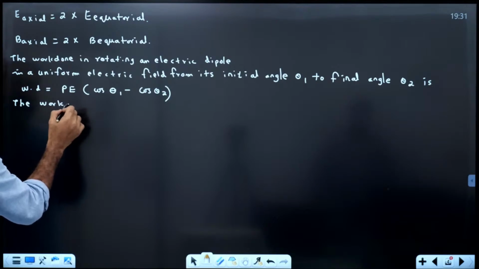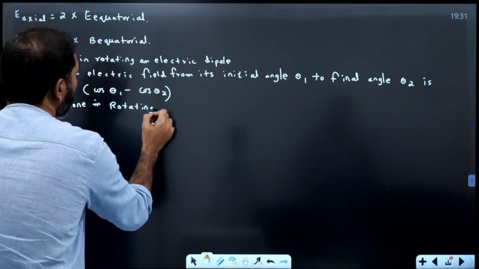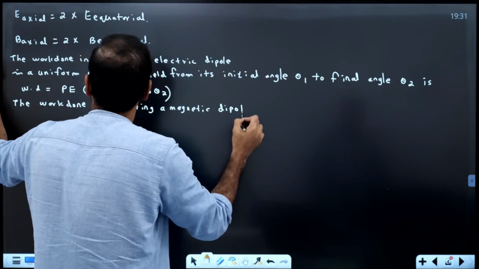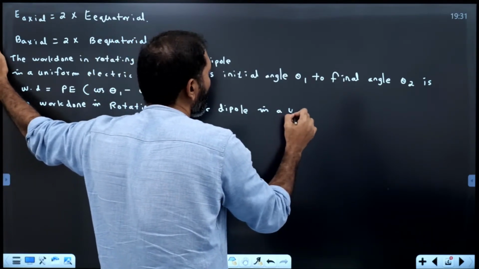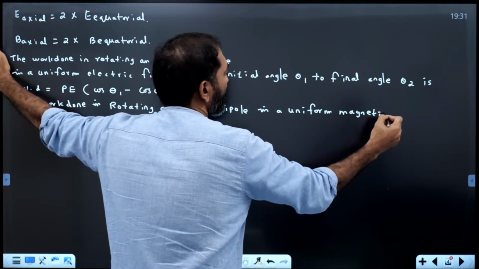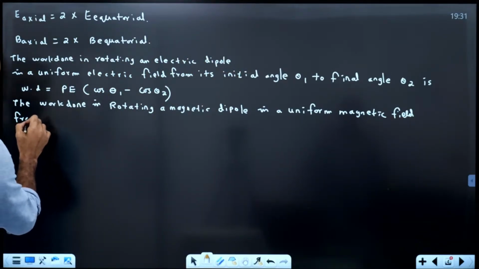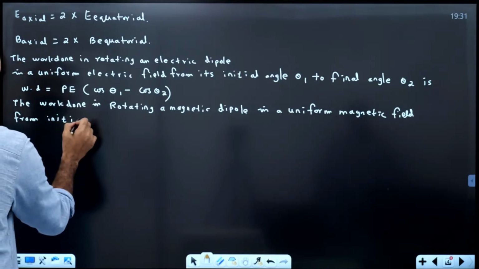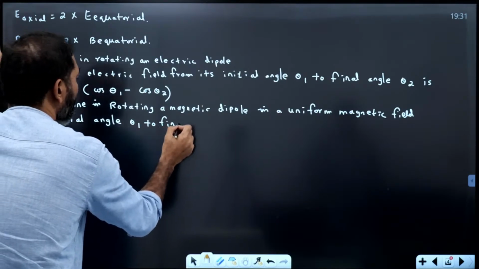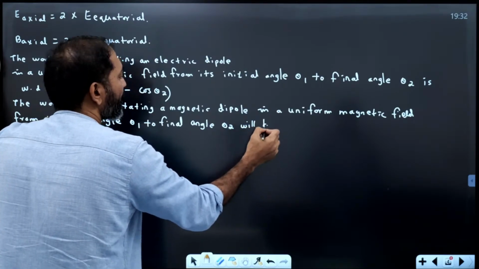The work done in rotating a magnetic dipole in a uniform magnetic field from initial angle theta 1 to final angle theta 2, what is the equation?